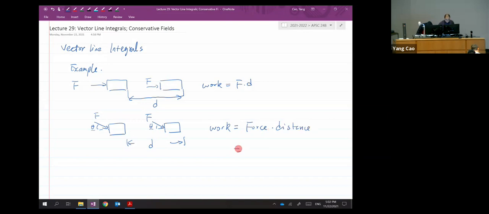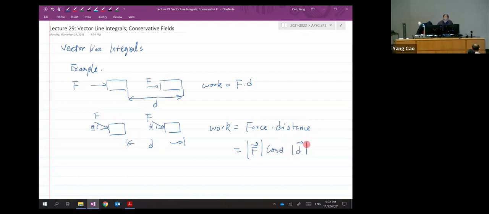But this time, if force is considered a vector, you have to get the component of the vector in the horizontal direction, which is the direction along the displacement, and then multiply by the distance.